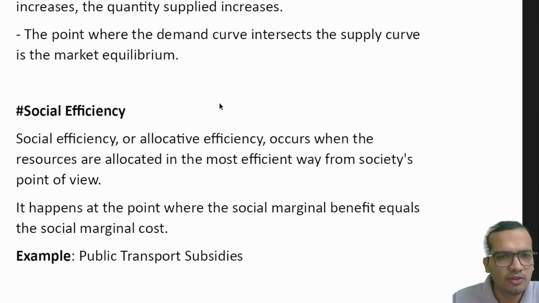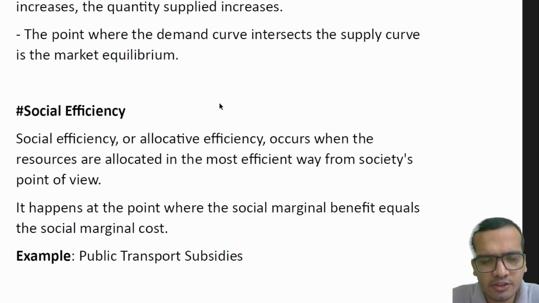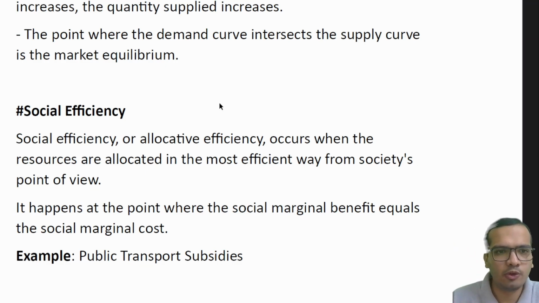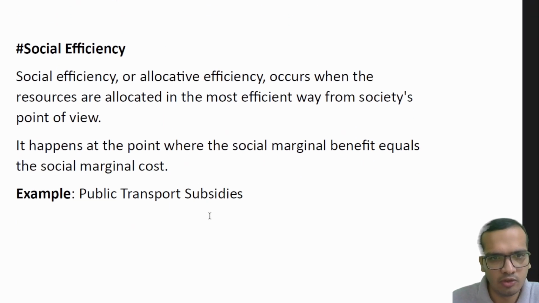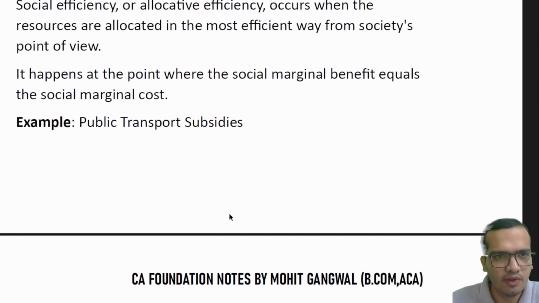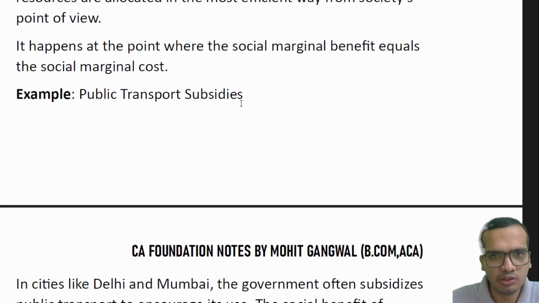Then comes a short topic: social efficiency. Social efficiency or allocative efficiency occurs when resources are allocated in the most efficient way from society's point of view. It happens at the point where the social marginal benefit equals the social marginal cost. So marginal benefit and marginal cost, we have an example for it. Public transport subsidies.